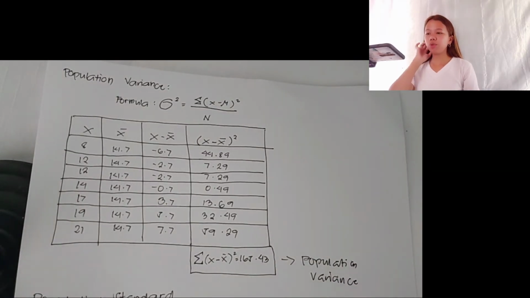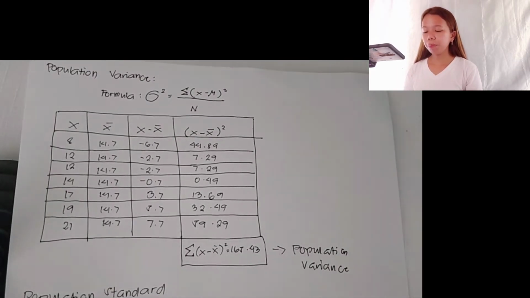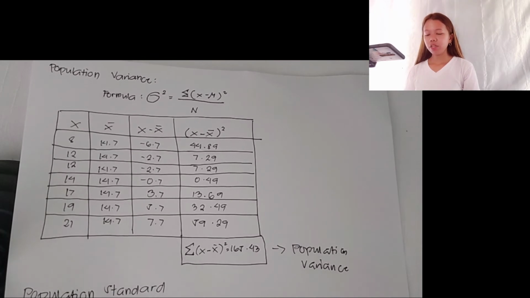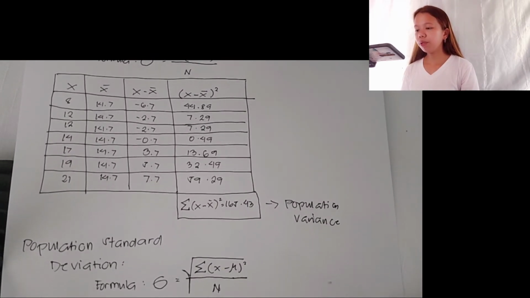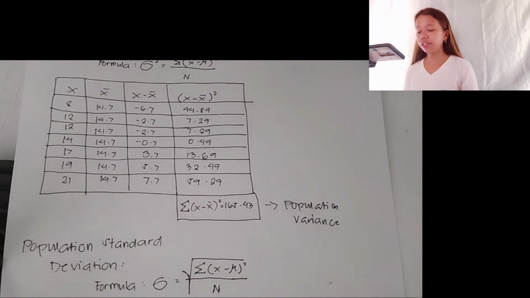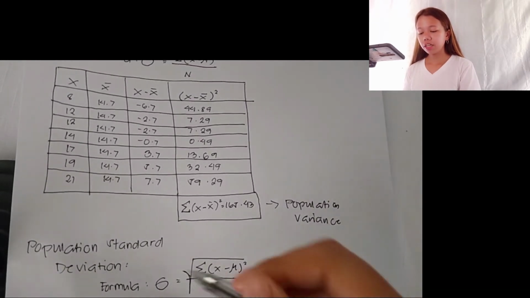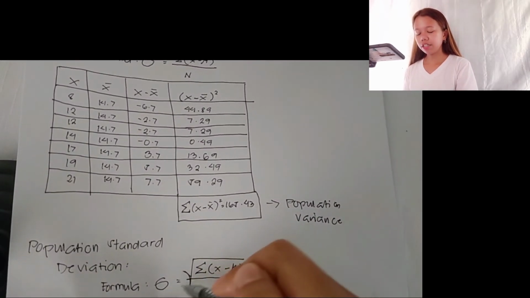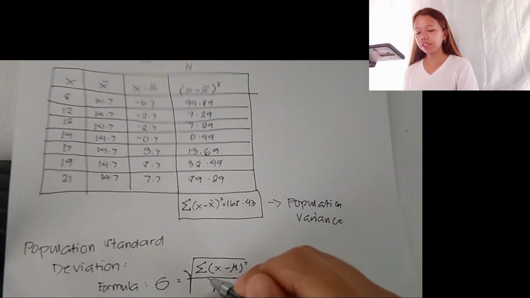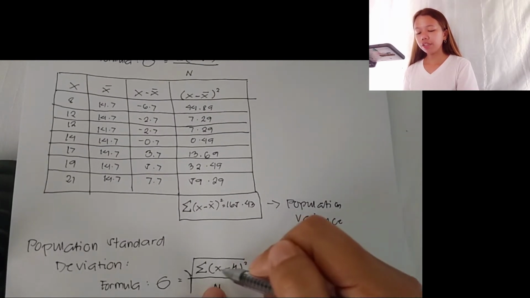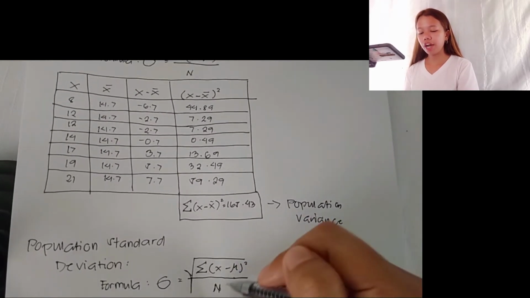So let's proceed to population standard deviation. The formula of the population standard deviation is equal to the square root of the sum of data value minus the mean squared over n.